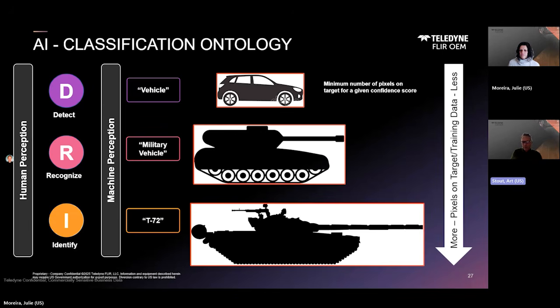And then ultimately, with enough additional pixels on target, and again, with the training having been performed correctly, you can actually do make and model. So we now have models that can distinguish military vehicles by make and model. And that's very important in some of the targeting applications or autonomous seeker applications that are under development.